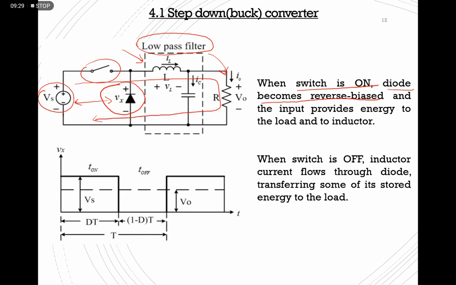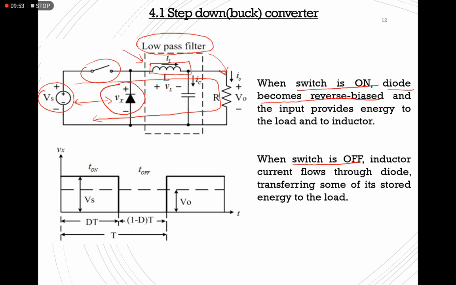And when your switch is off, if let's say there is an open circuit at your switch, this is when your diode will become forward biased. During this time, since you have the inductor over here, you know that the function of the inductor is to store energy.